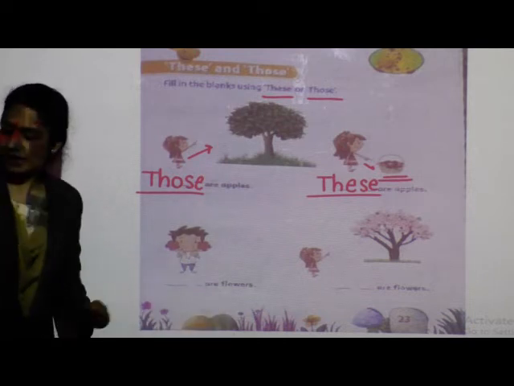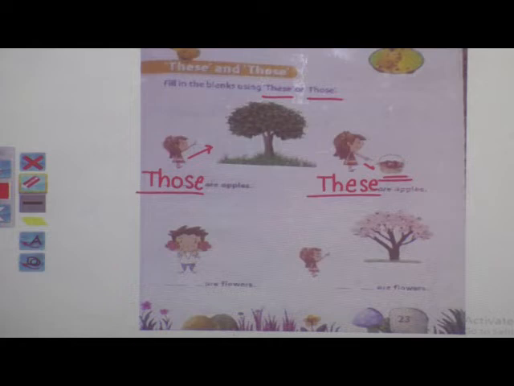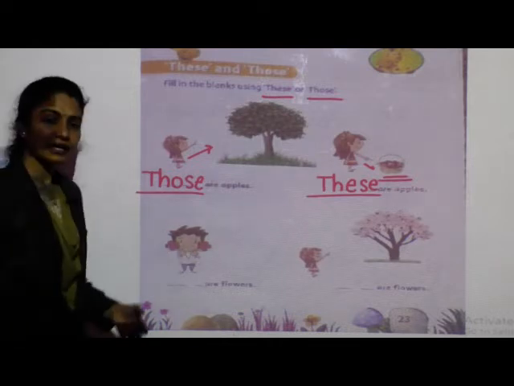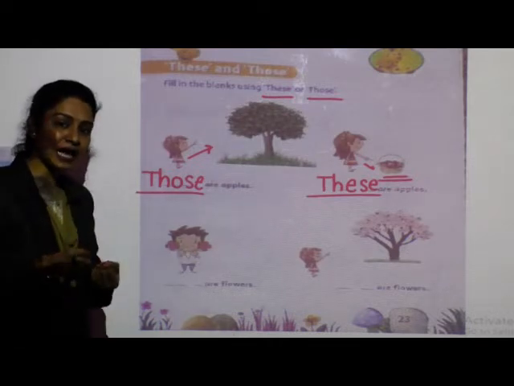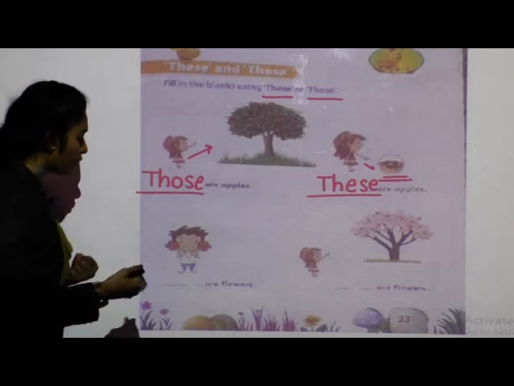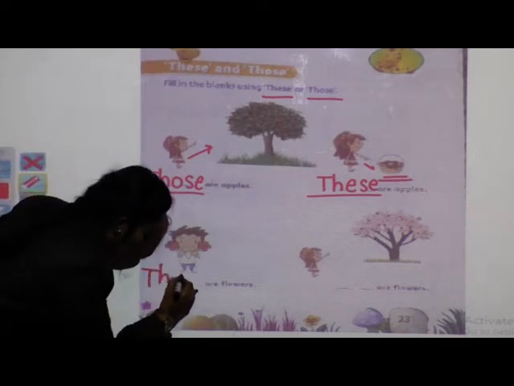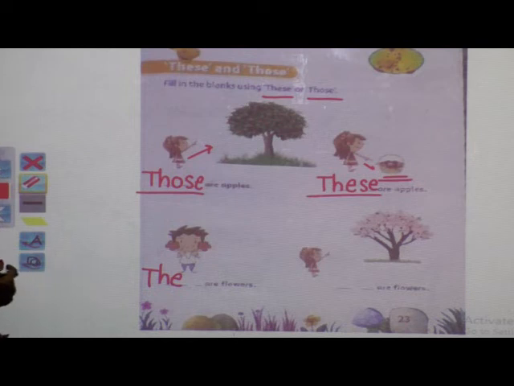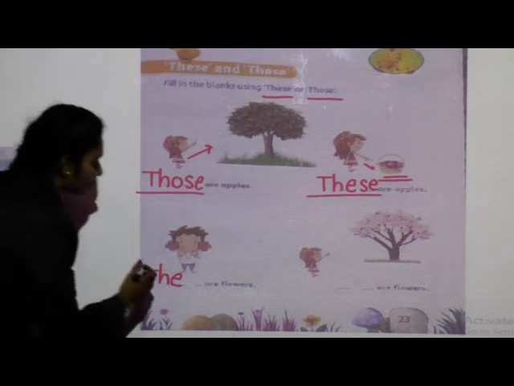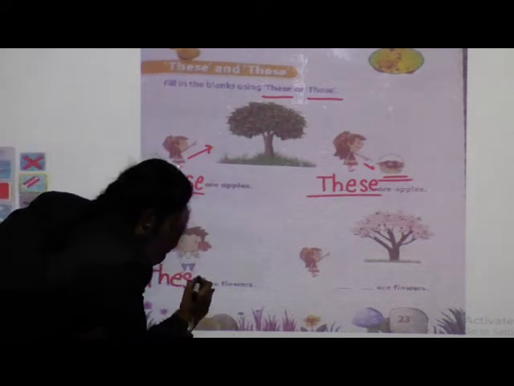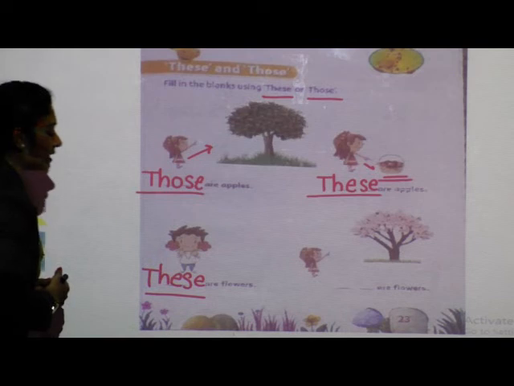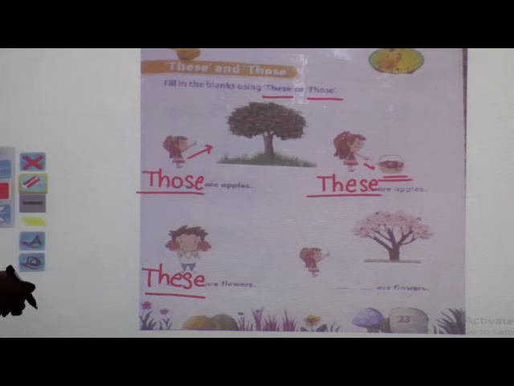Flowers उसके हाथ में है ना? He is showing. Can you see these flowers? It is in his hand. So he is saying these. Come on, write these. These. These.